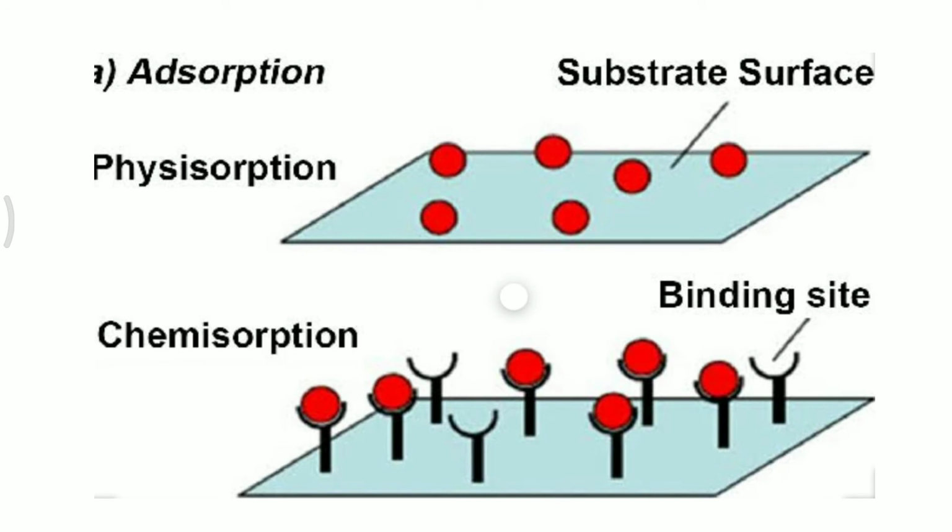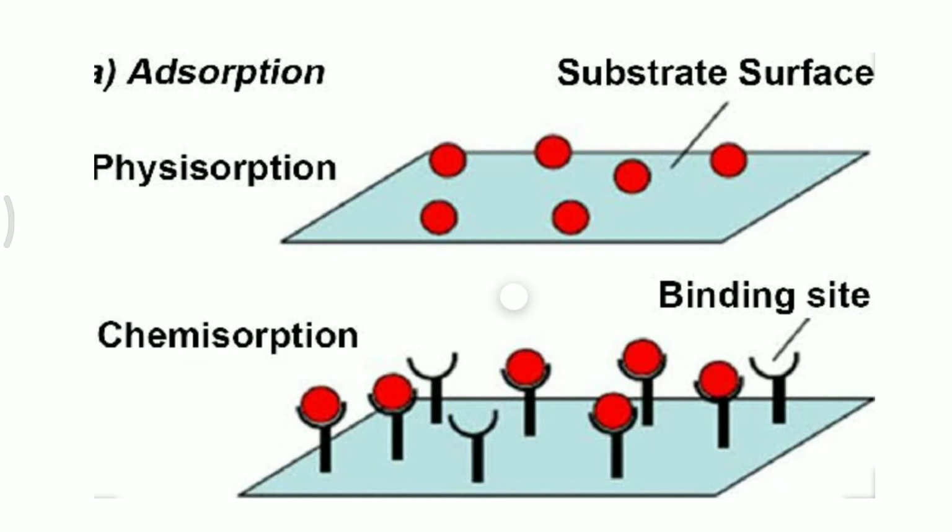These are the two ways by which adsorption occurs. One is, just think about the outer surface of the wood and how the red balls are attached. These red balls are like water molecules. So water molecules are circular globular structures which are red colored, and they are just getting attached over the upper surface area. This is one of the techniques of adsorption, and it is known as physisorption. Whereas in chemisorption, we see that there are certain receptors present.